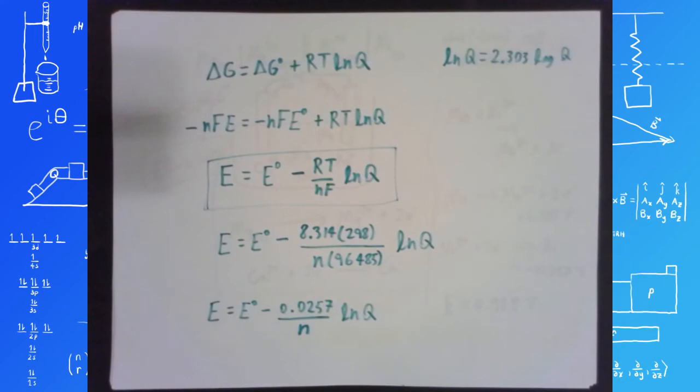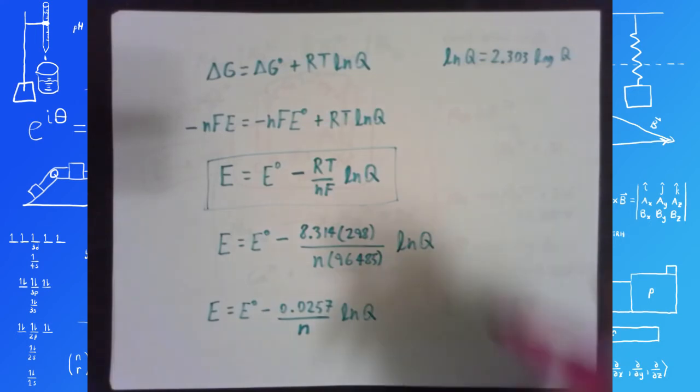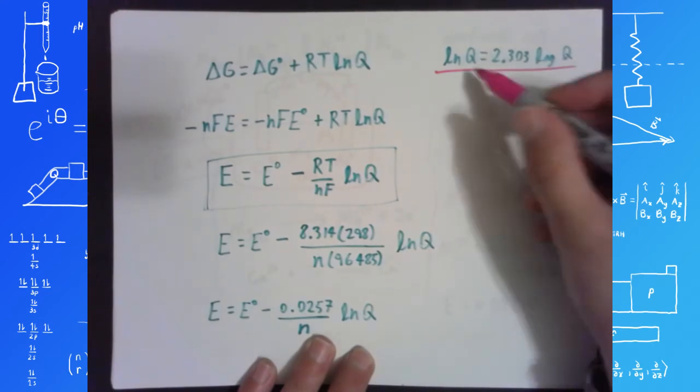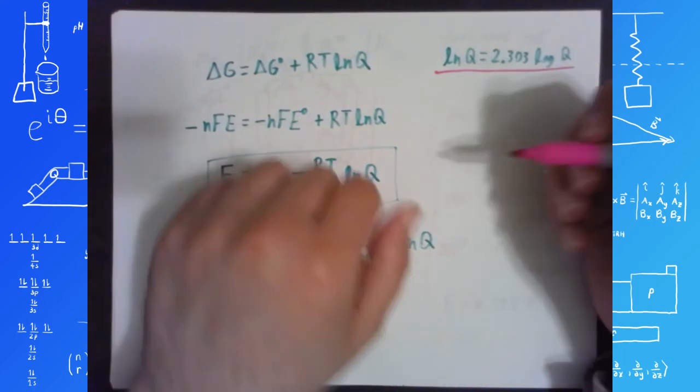In textbooks, they typically just give you this as a fact without really explaining it, but chemists are not mathematicians after all, and I am a mathematician, so I'll explain where this relationship comes from.